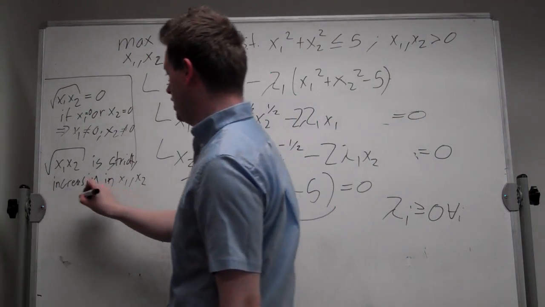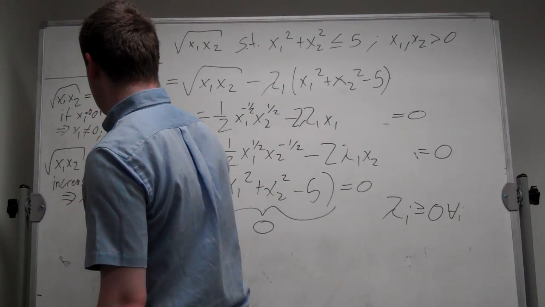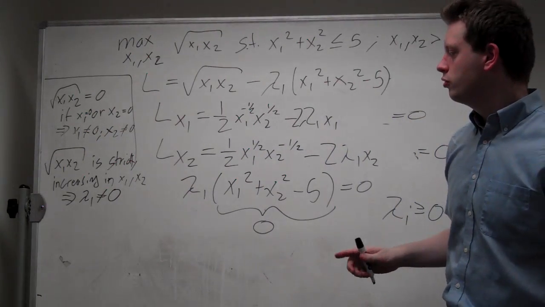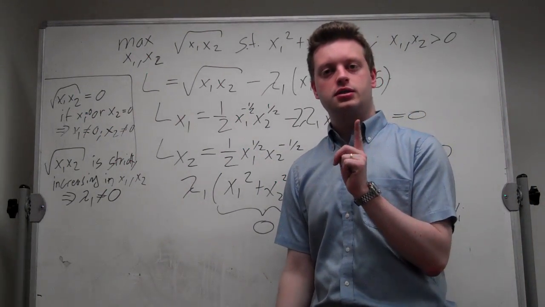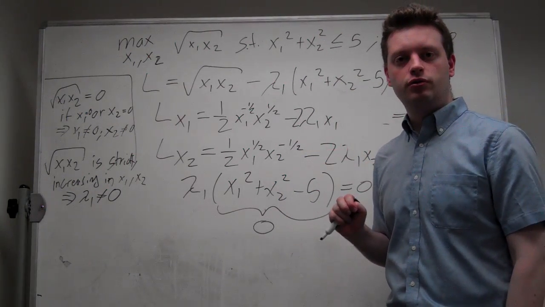Okay, so we have lambda 1 is not equal to 0 from this one. So we went actually down to one case. There's only one case which we cannot exclude.